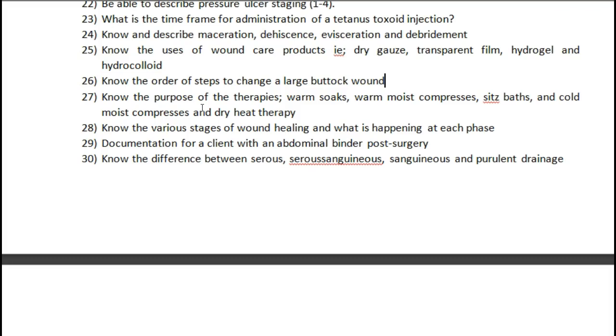You might put hydrogel on it. And then you've got hydrocolloid, which is almost like you want it to grow into the tissue, and it's used for stage 1, 2, and 3, where there's a copious amount of drainage and it requires a lot. So keep in mind the uses.